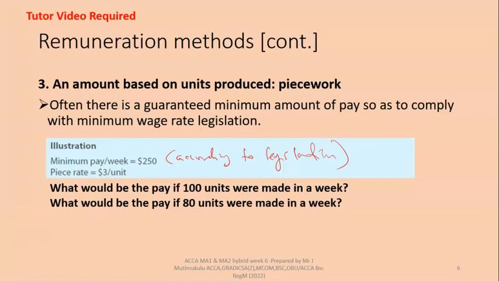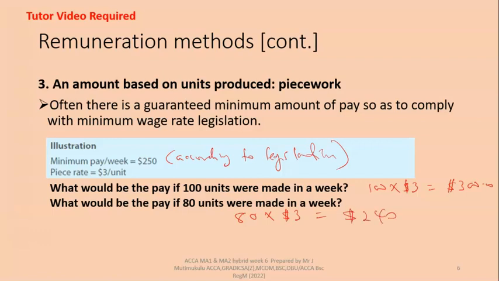So what would be the pay if 100 units were made in a week? That's 100 multiplied by $3 per unit, and the pay would be $300. But what if the total units produced are 80 units? The pay would become 80 multiplied by $3 per unit, which is equal to 240.